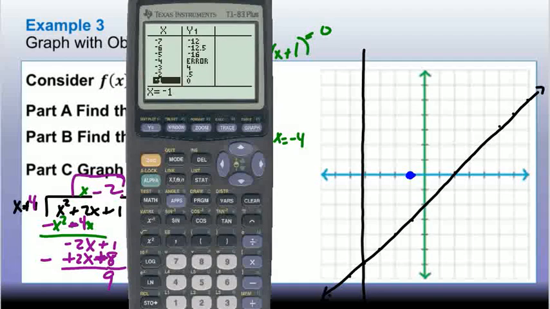So -1, 0, I have that. I have a point at -2.5. So -2 and 0.5 is here. Then -3, 4. And then if I went down, if I put the 0, 0 is 0.25, 1 is 0.8.